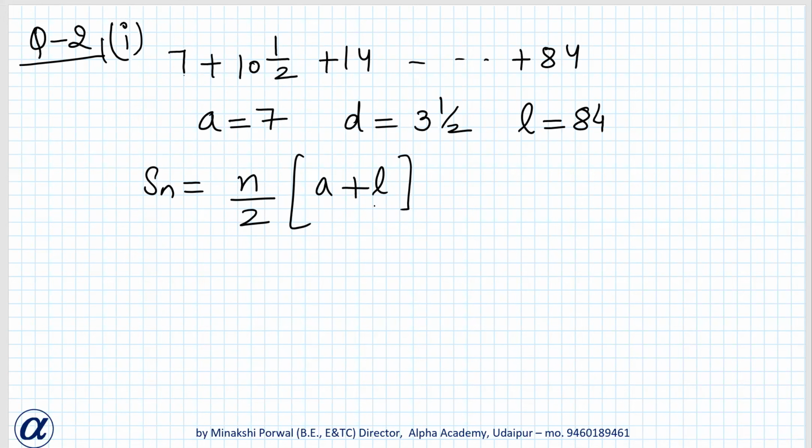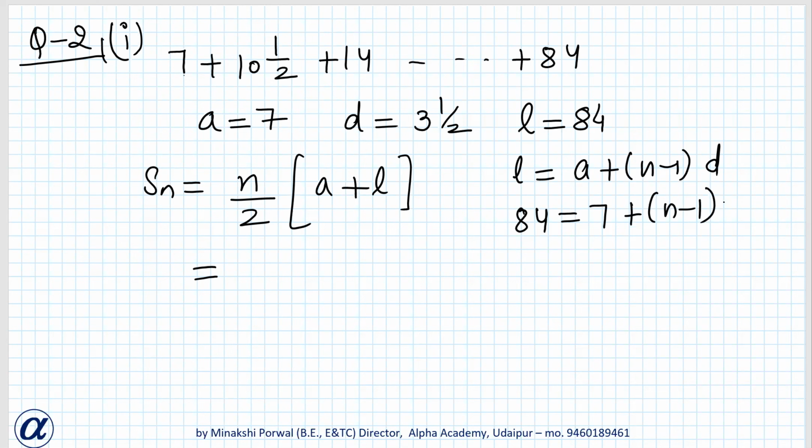Now n is okay, but we don't know n. So first of all, we have to find n. L equals A plus n minus 1 d. L is 84, A is 7, d is 3.5, that is 7 by 2.